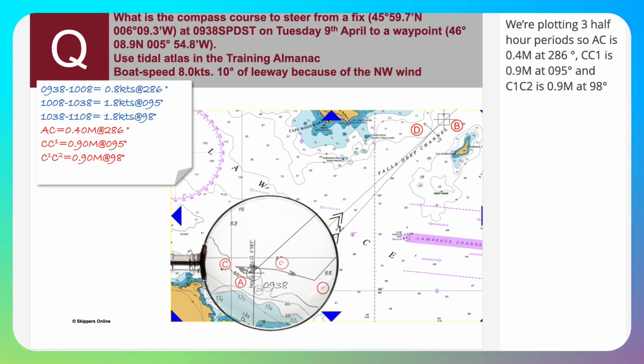We're plotting 3 half-hour periods, so AC is 0.4 miles at 286 degrees, CC1 is 0.9 miles at 095 degrees, and C1-C2 is 0.9 miles at 098 degrees.